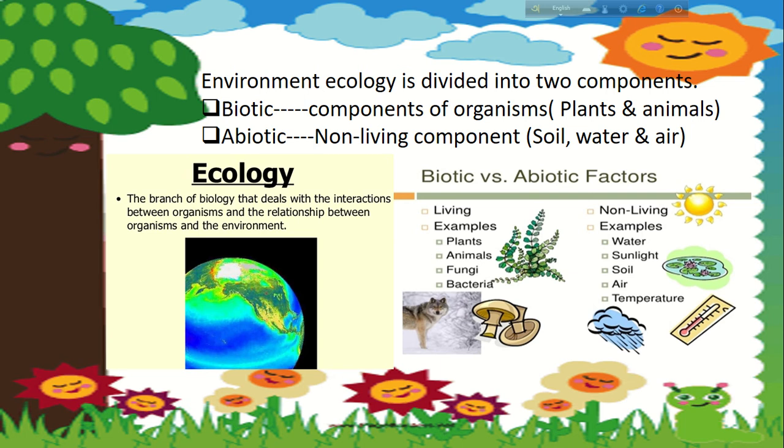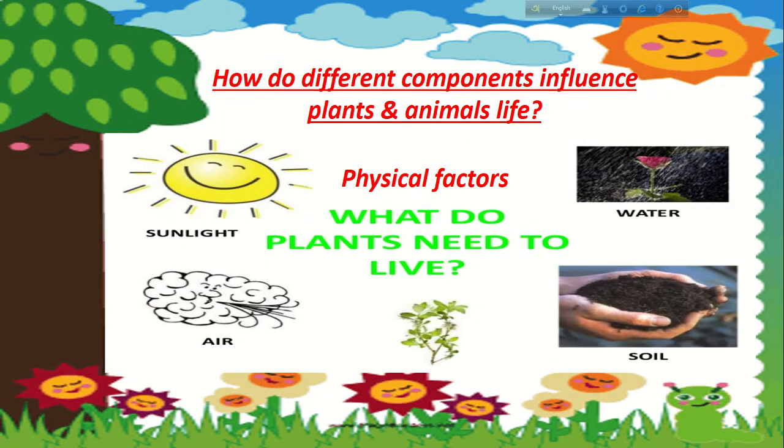Non-living components are known as abiotic components, for example water, sunlight, soil, air, temperature, etc. But soil, air and water are the three main components of the non-living environment, and without these components organisms cannot survive.